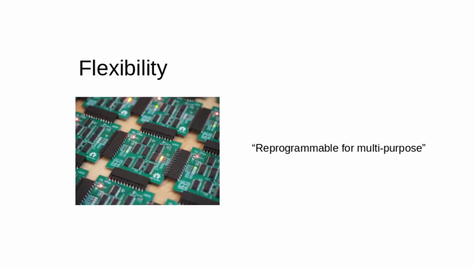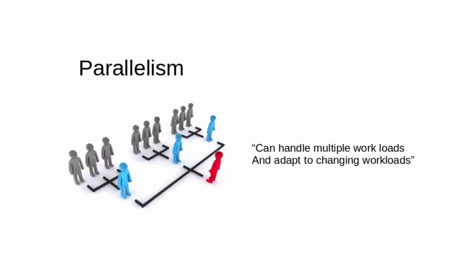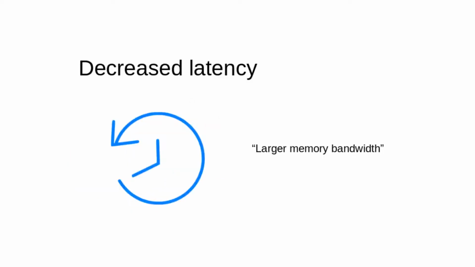FPGA is reprogrammable to fit the requirements, unlike chips which need a complete remanufacture. Next is the parallelism. FPGA can handle multiple workloads while keeping a high performance level, and it can also adapt to changing workloads by switching among several programs.